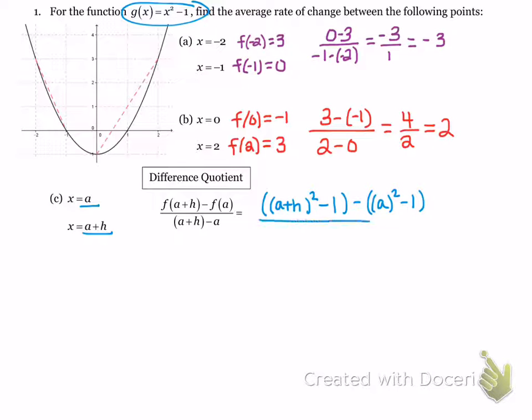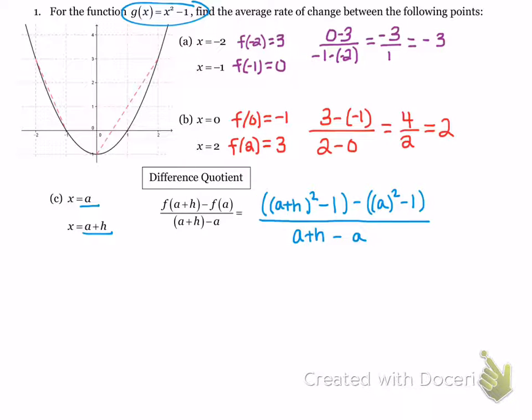So then this is all over a plus h, which is the x value of the second term, minus the x value of the first, which is just a. So now we're going to expand and simplify.